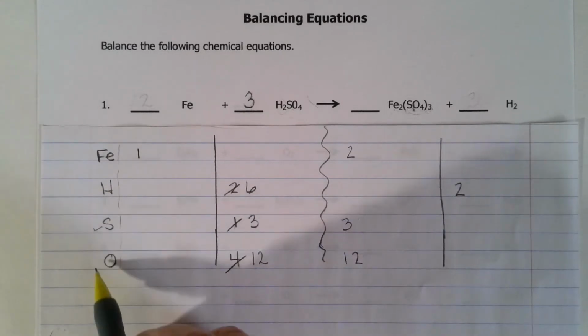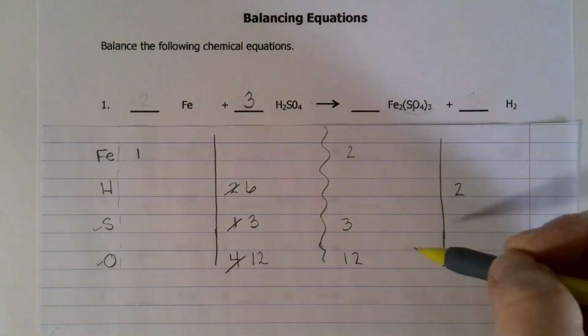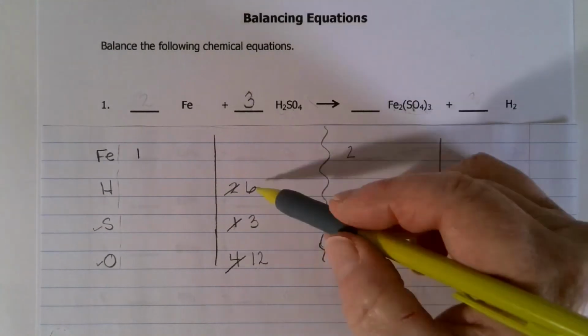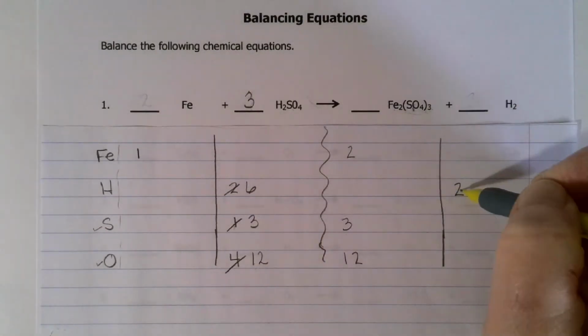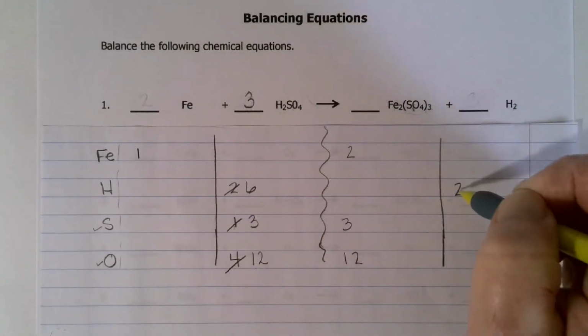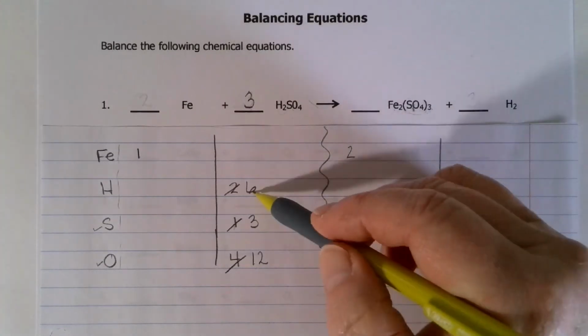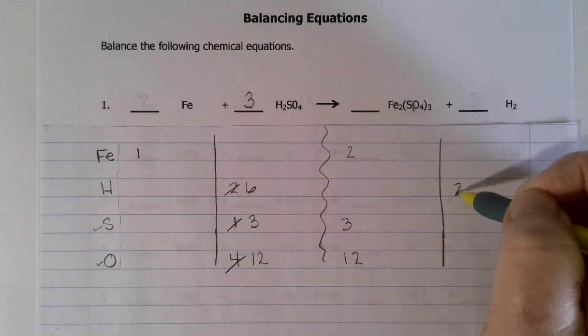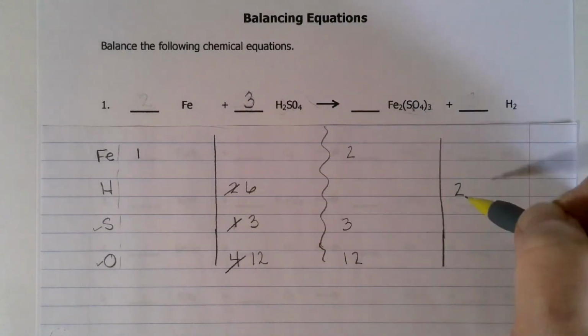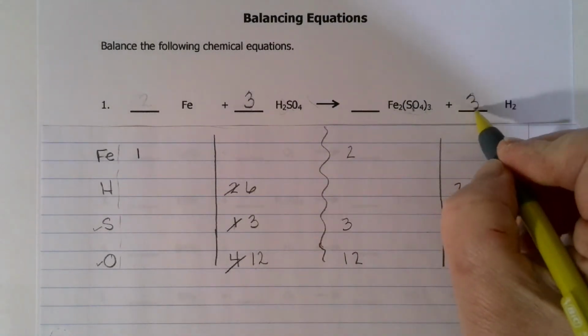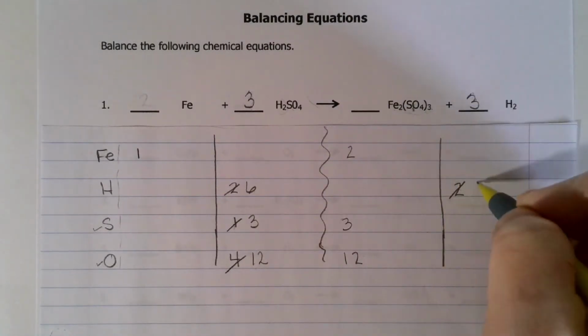So those are balanced. Then I go ahead and go, I have 6 here and 2 here. 2 is a smaller number. Does 2 go into 6? Yes, so what times 2 would make 6? That would be 3. 3 times 2 is 6.